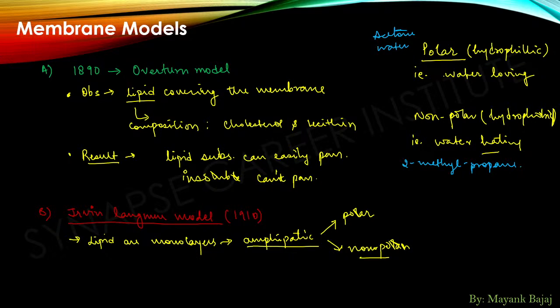And the Irving-Langmuir model in 1910 said that lipid molecules are monolayers, and they are amphipathic in nature. That is, they have both polar group as well as non-polar group, right? Okay. So one of the best examples is phosphatidylcholine, which is nothing but a membrane lipid, right?